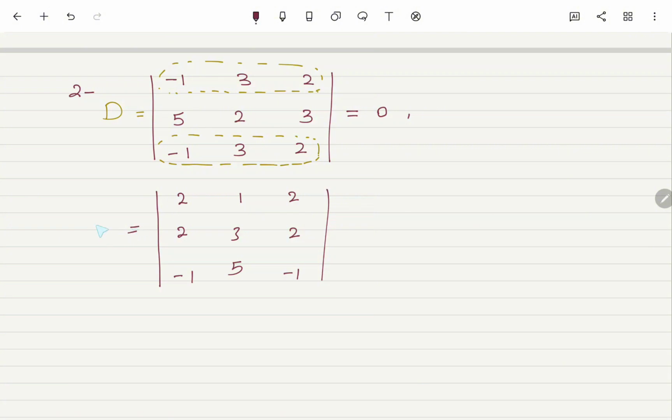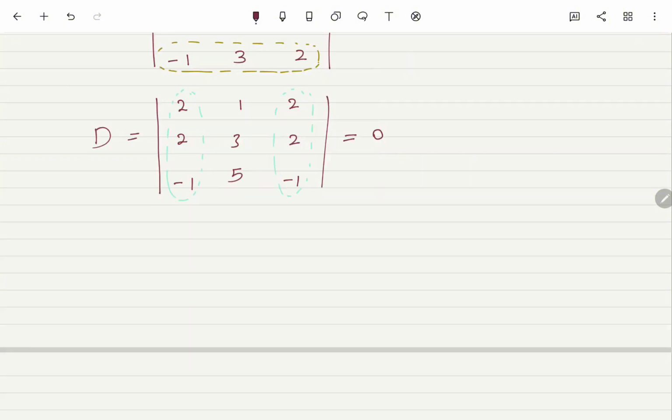And in this determinant here, the first column is identical to the third column. The value for this determinant is equal to 0 as well. So if we have two identical rows or two identical columns, the value for the determinant is equal to 0.